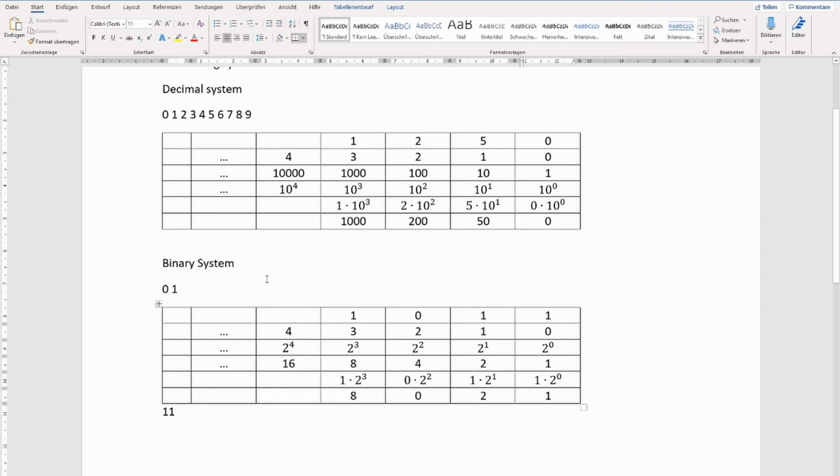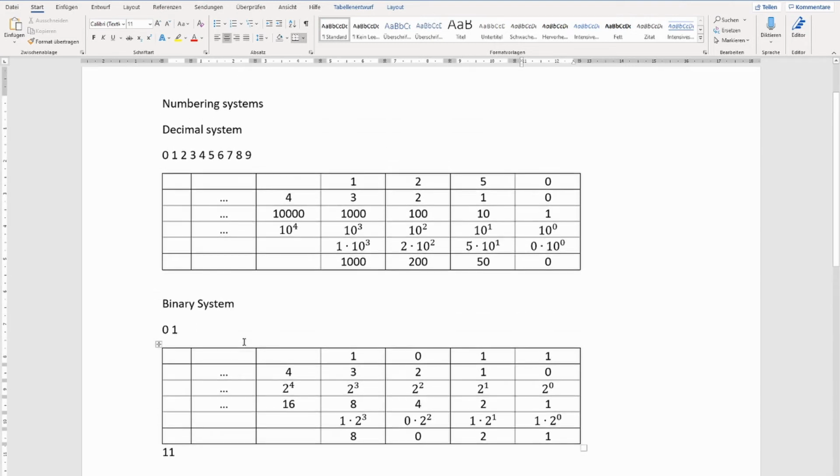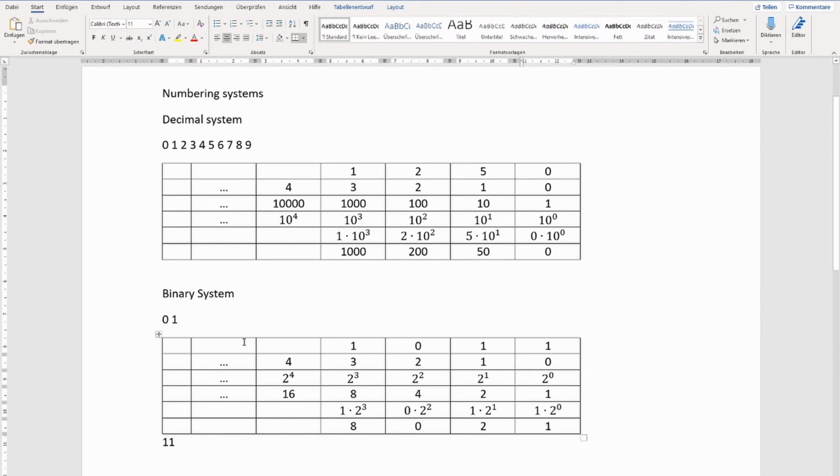Yeah? But why is the binary system so famous? Why is that so important? Because computers usually work with the binary system. Computers are working in our digital world, digital, just 2 positions, 0 or 1.